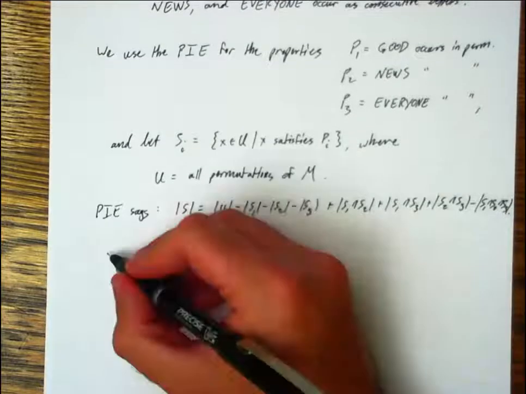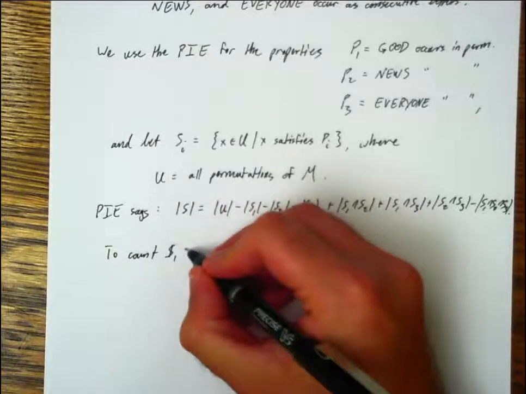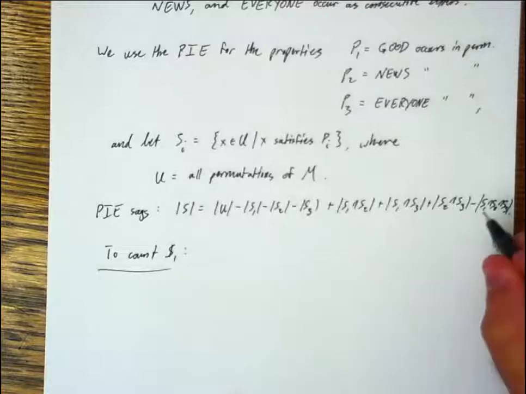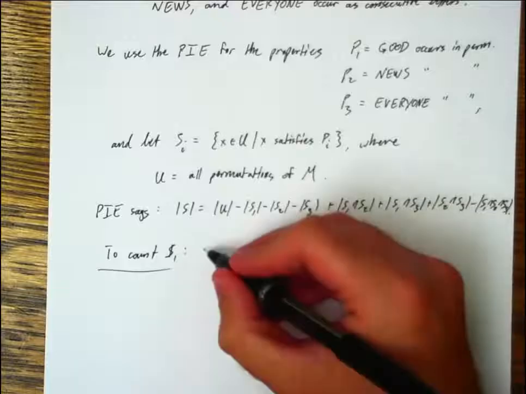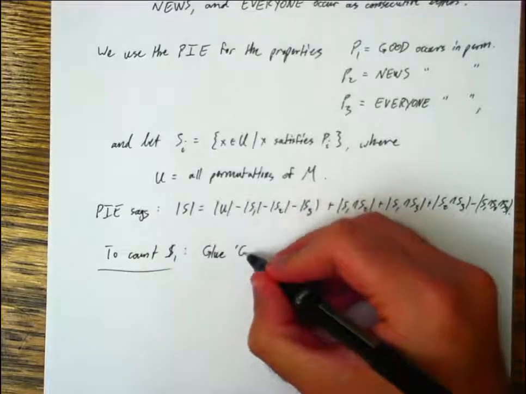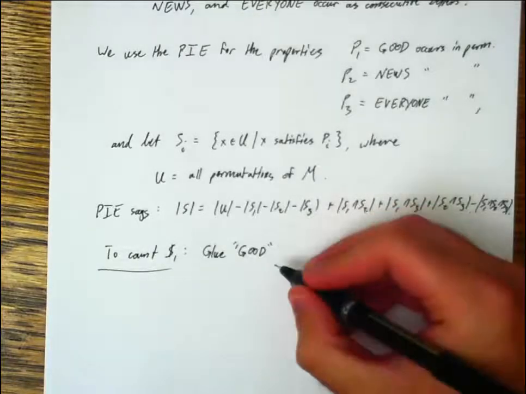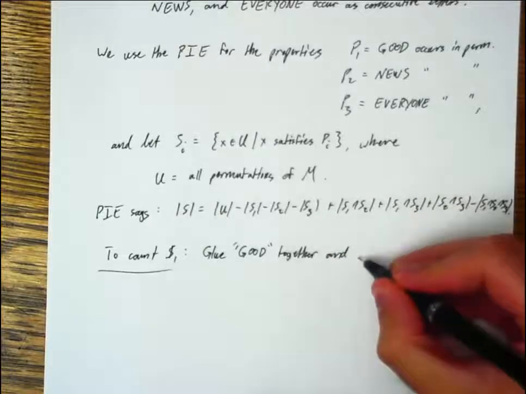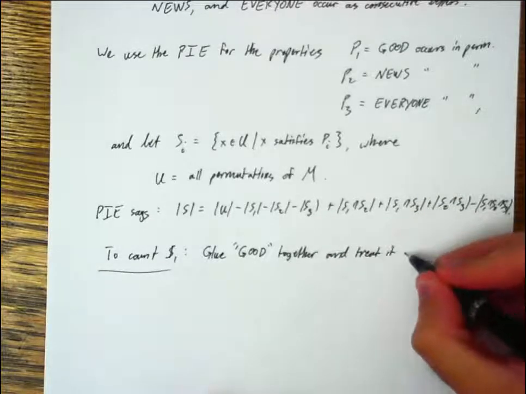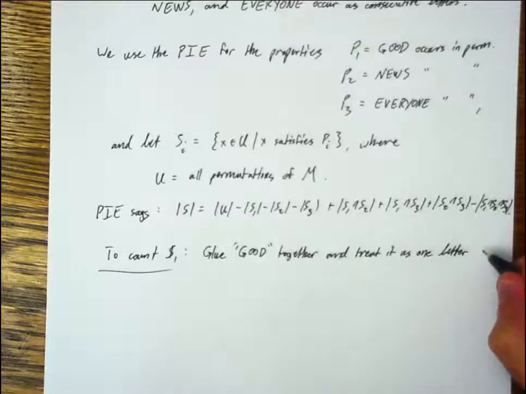Whew. So let's count S1. So the way we're going to count these multisets, I'm going to go ahead and glue these 4 letters together and treat it as one single letter, and I'm going to call that letter star.